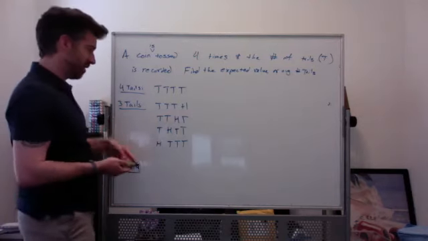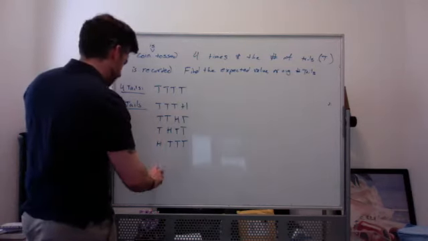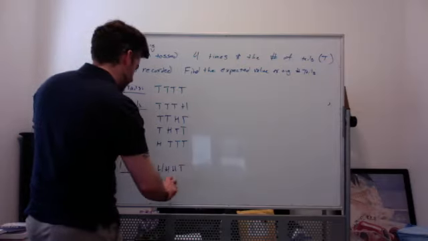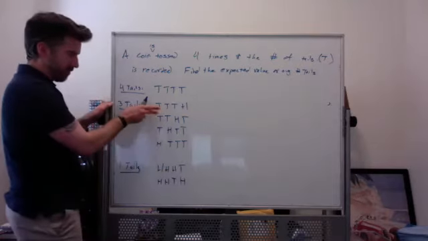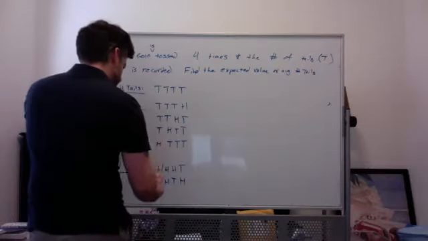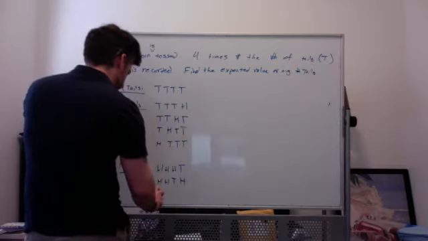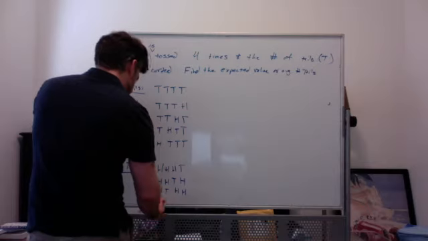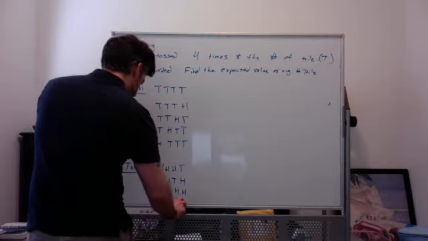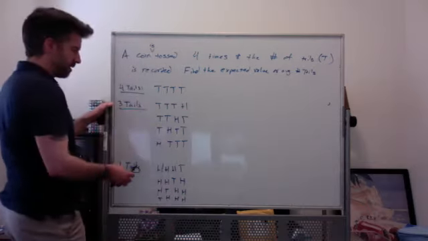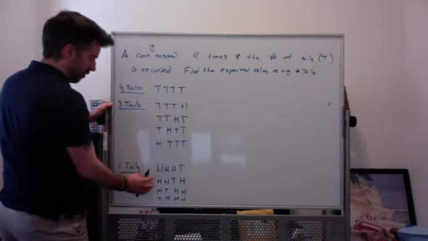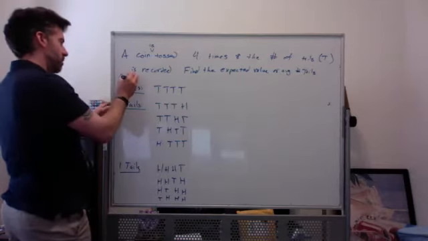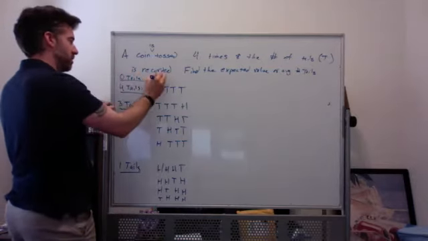So 1 tail is heads, heads, heads, tails, or heads, heads, tails, heads, or heads, tails, heads, heads, or tails, heads, heads, heads. So 4 ways of getting 3 heads and 1 tail, 4 ways of getting 3 tails and 1 head, 1 way of getting 4 tails, and 1 way of getting 0 tails.